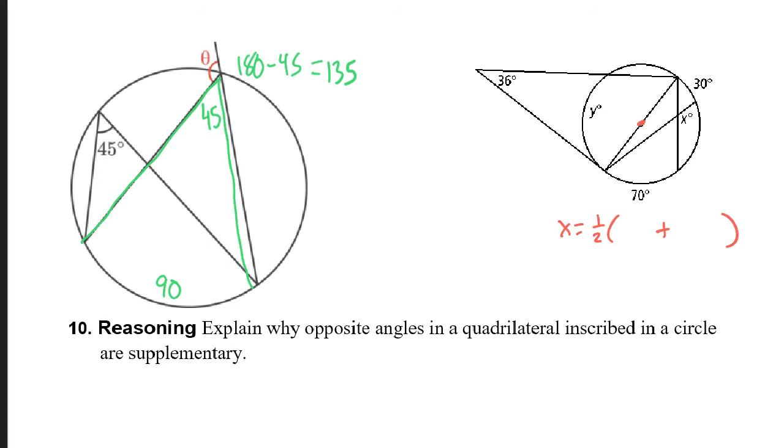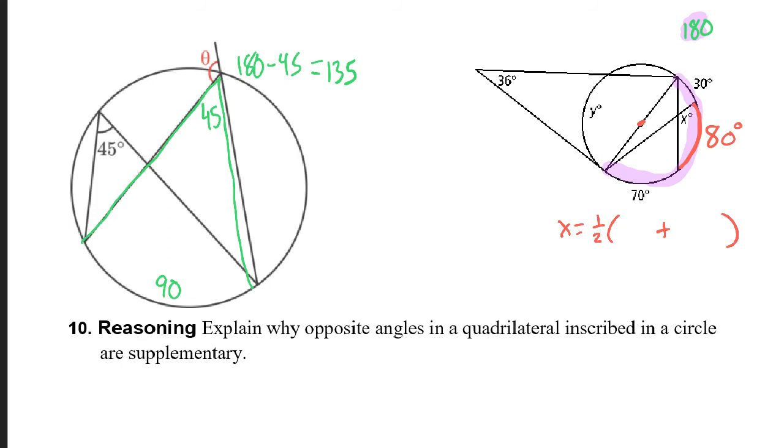So I do know that this whole thing here, the purple, is 180 because it's a diameter. That would mean that this littler one right here is 180 minus 70 minus 30, so this is 80, if that's helpful.